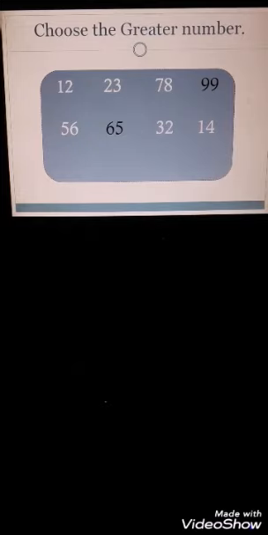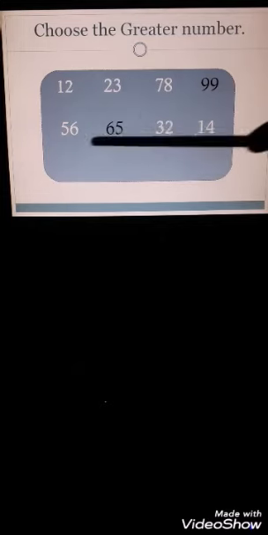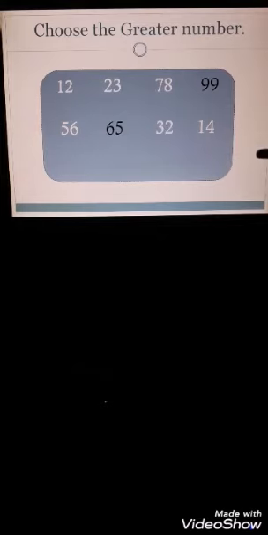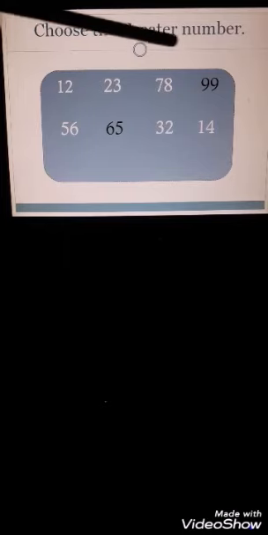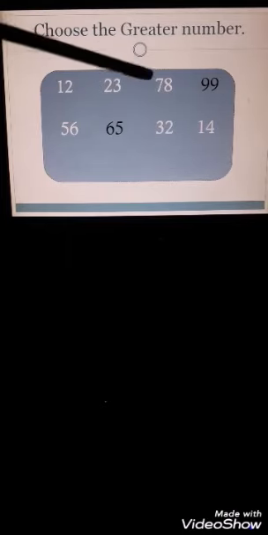Choose the greater number. There are some numbers on your screen: 12, 23, 78, 99, 56, 65, 32 and 14. First we have to compare their tens, then ones. In 12 we have 1 ten. In 23 we have 2 tens. In 78 we have 7 tens.